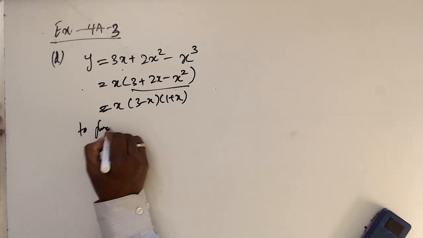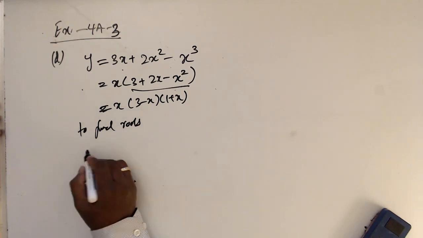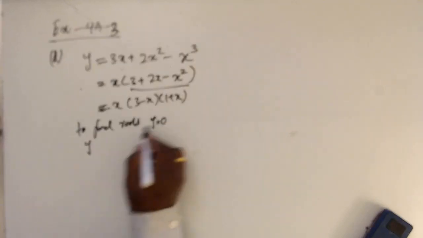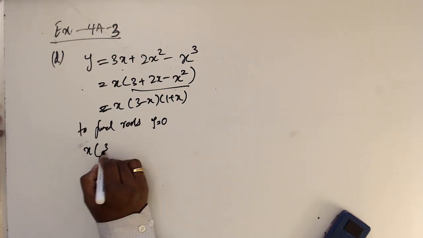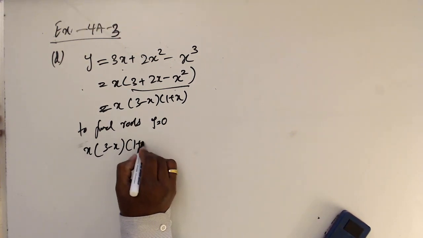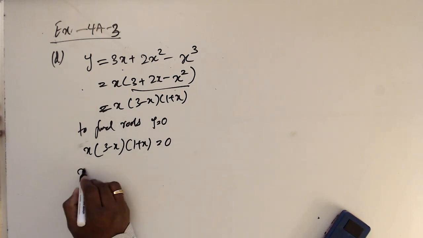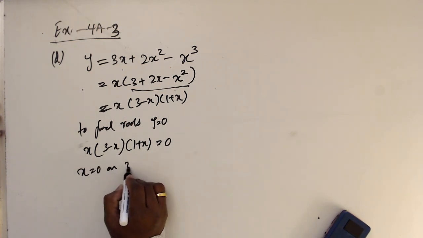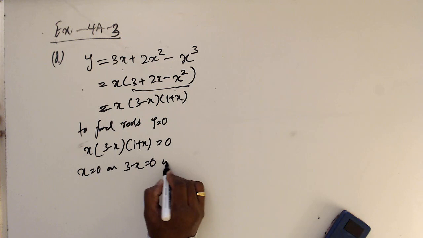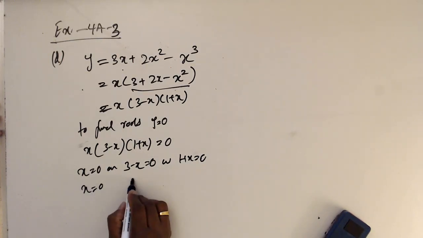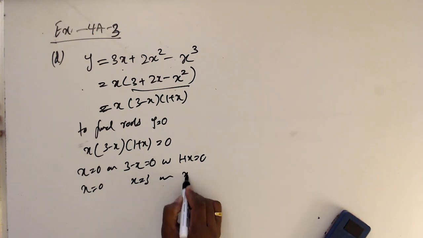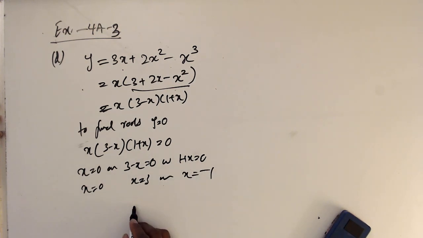To find roots, make y equals 0. Then x times (3 minus x)(1 plus x) equals 0. x equals 0 or 3 minus x equals 0 or 1 plus x equals 0. So x equals 0, x equals 3 or x equals minus 1.